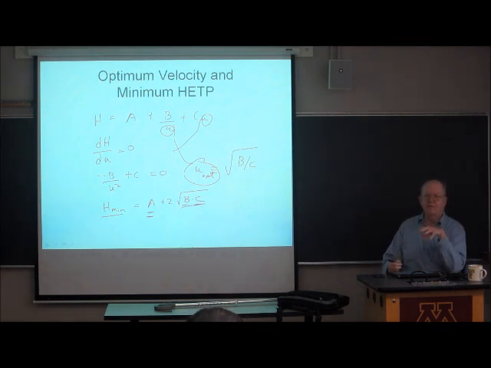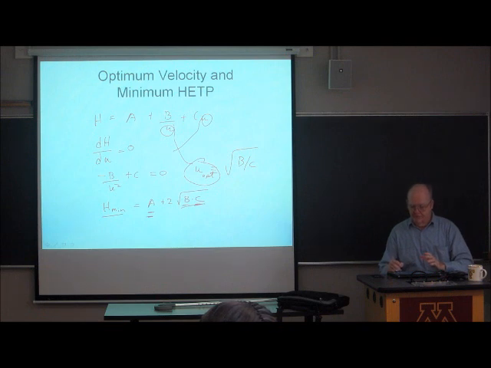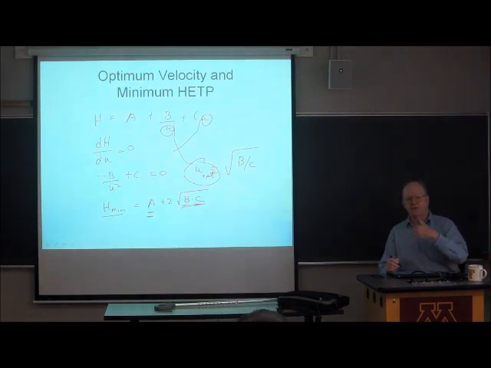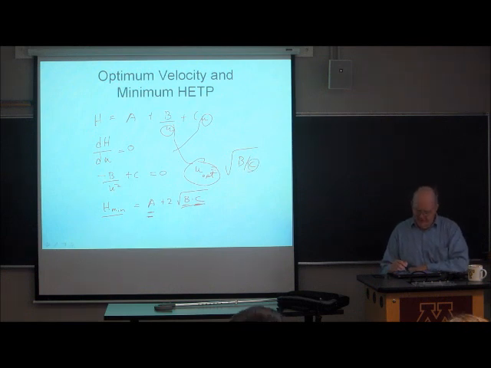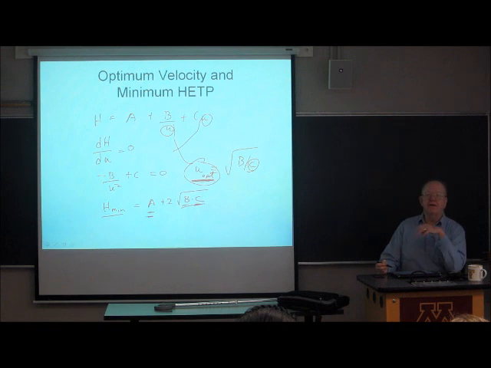There's no untoward consequence of working with a column with a small A or a small B. But if you work with a column with a small C, since C is in the denominator over here, that makes the optimum velocity get bigger.